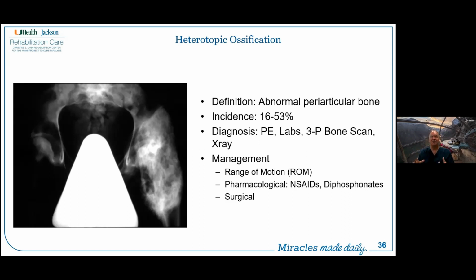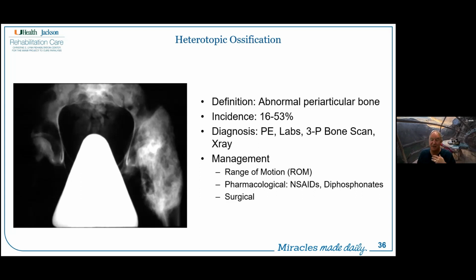And essentially the person develops abnormal periarticular bone, that is bone typically at the hips and knees, and then you might see it in folks with tetraplegia up at the shoulders and elbows as well. So heterotopic ossification occurs somewhere between 16 and 50% of individuals with spinal cord injury.